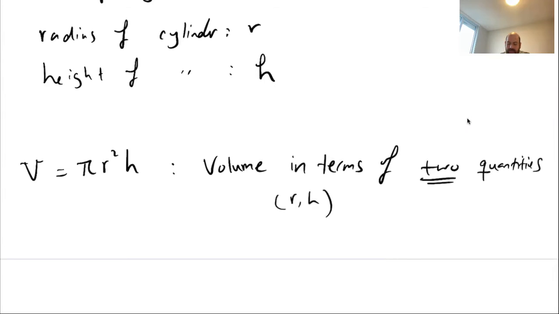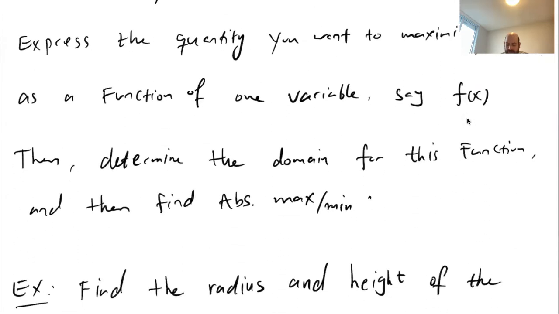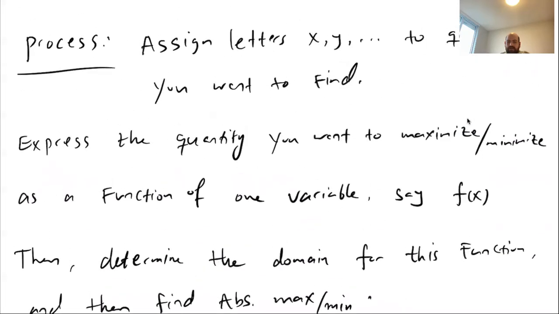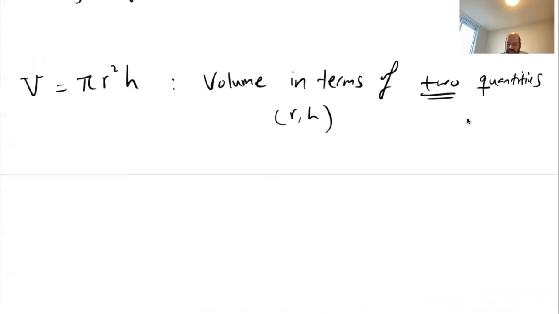R and H. But remember, according to our recipe, we have to express the quantity that we want to maximize or minimize as a function of one variable only. Right now we have V expressed as a function of two variables, r and h.